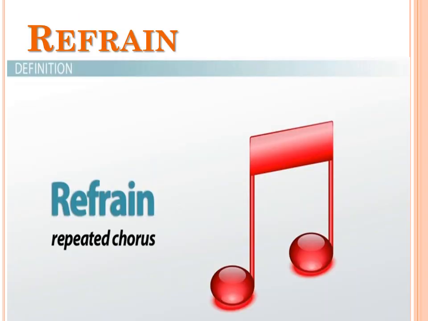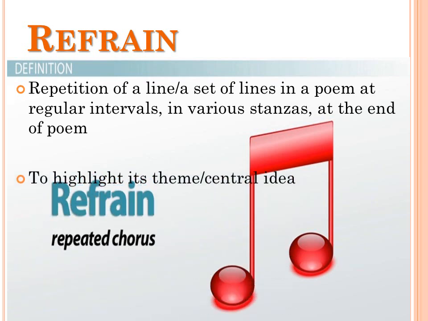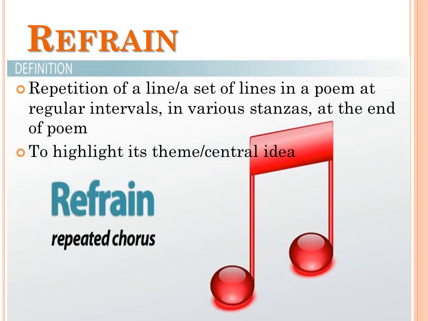Next we have refrain, and refrain is the repetition of a line or a set of lines in a poem at regular intervals in various stanzas or at the end of the poem. It is also done to highlight the theme of the poem or central idea of any chapter.